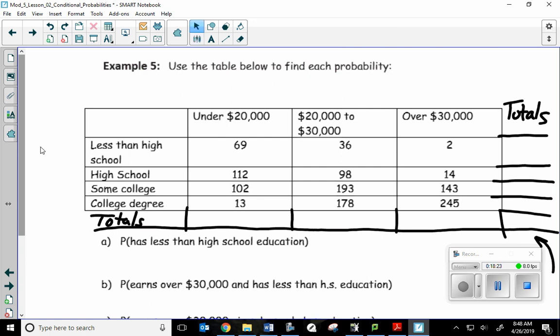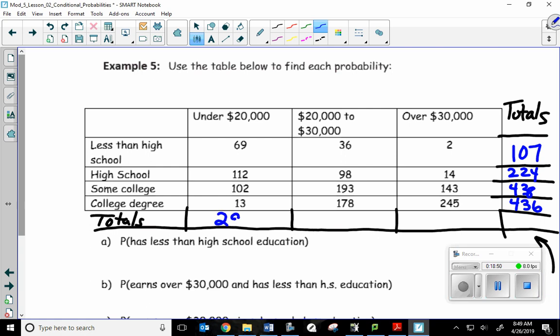All right, but I already have these numbers for you. This is 107, less than high school. The high school row is 224. We have 438 that get some college and 436 that actually have college degrees.